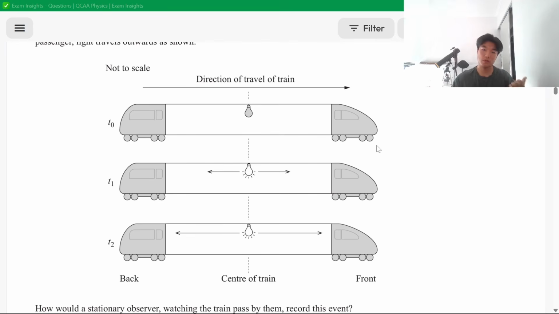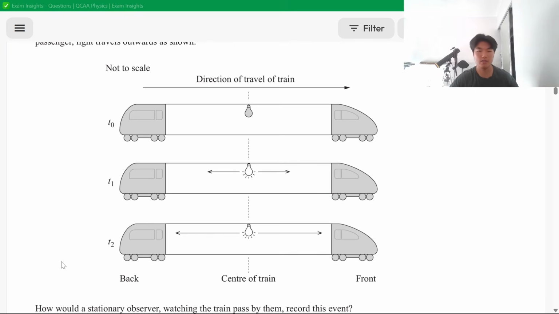So even though you're a stationary observer, since the train's moving to the right and light's constant in your frame of reference, wait, but you're not in an inertial frame of reference to the train. Hmm. But light, regardless, is going to move at the same speed, and the train, since it's moving this way, is going to reach the back first.